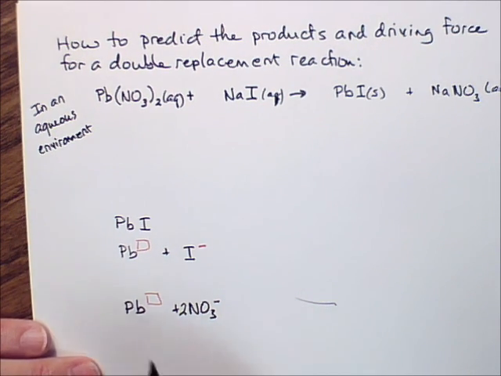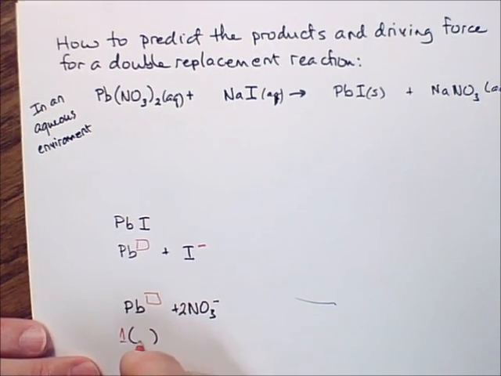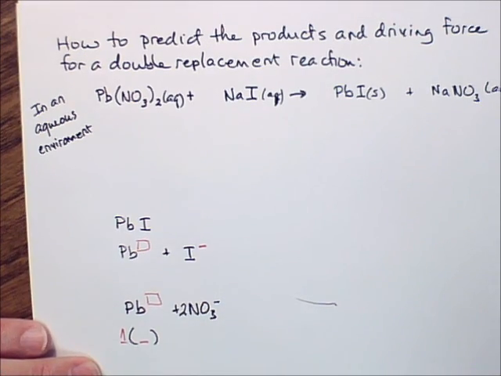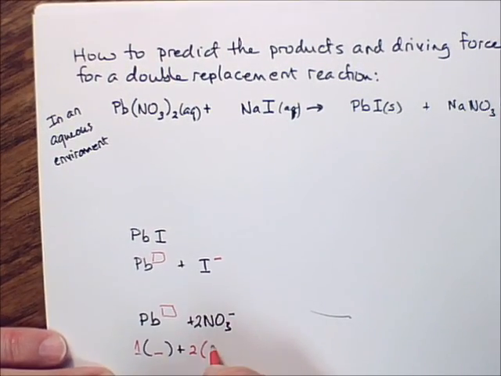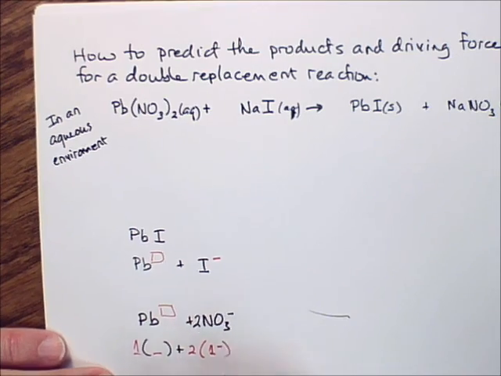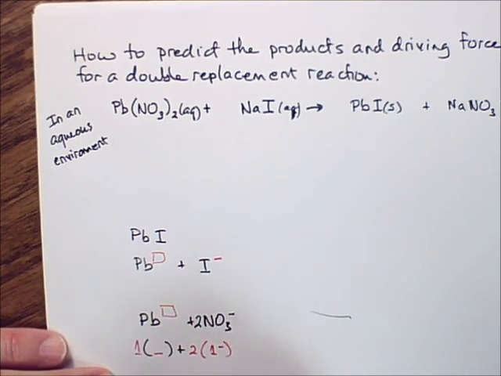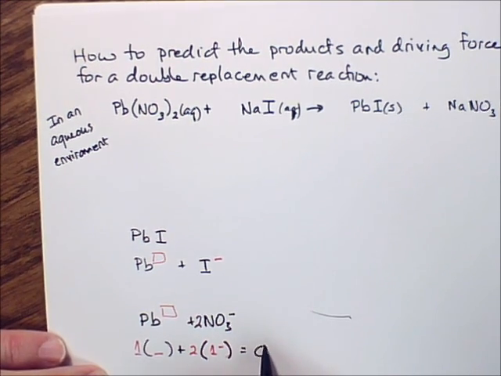So we don't yet know what the charge is on lead. We know we do have just 1 lead. We don't know the charge. We're putting that together with 2 particles of nitrate, and each of those particles has a 1 negative charge. And we need for this equation, which is looking at just the charges now, to work out to be 0.